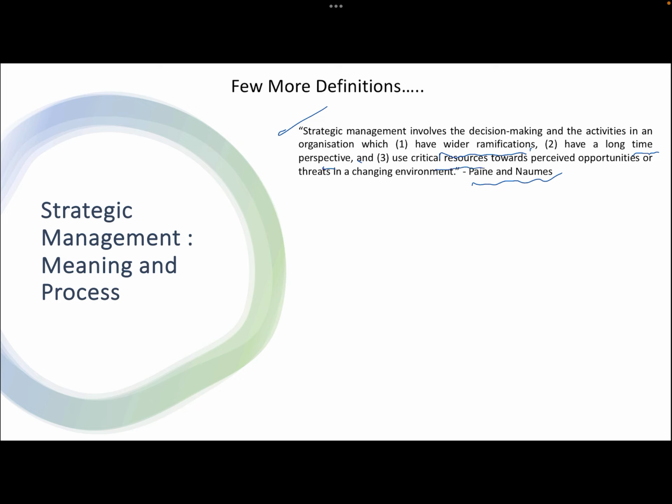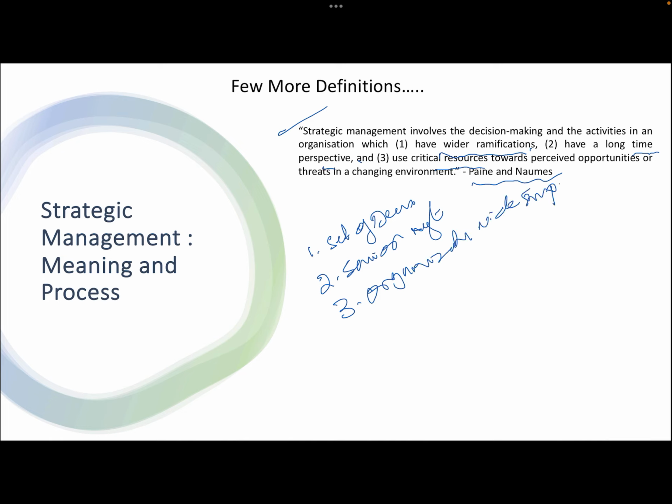See, if you look at all the definitions or the general meaning, it is very clear that five or six points are evident. Strategic management is a set of decisions taken by senior management, right? Which will have a wider ramification, an organization-wide impact.